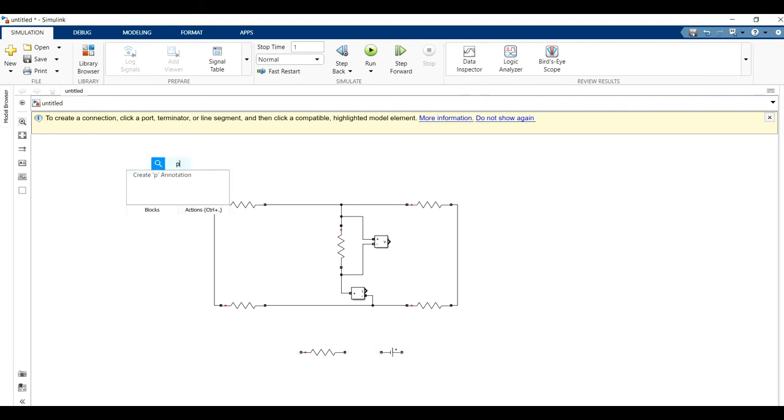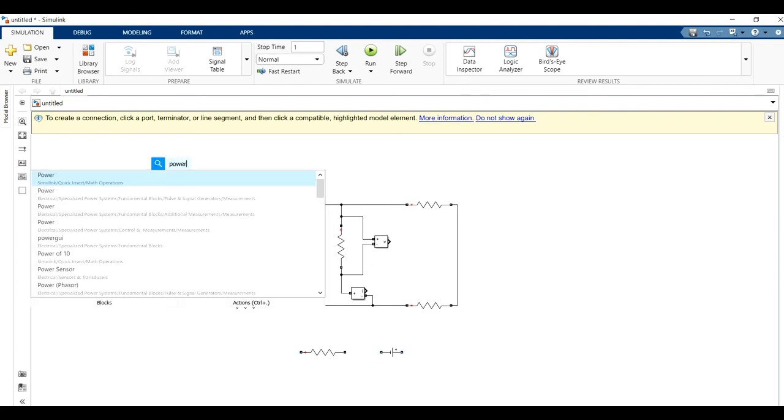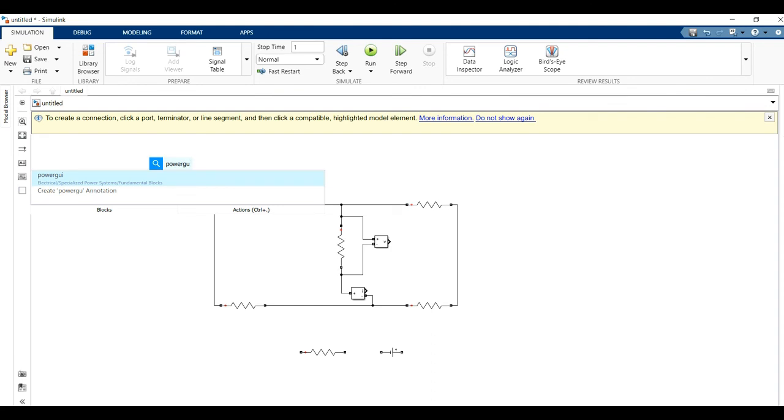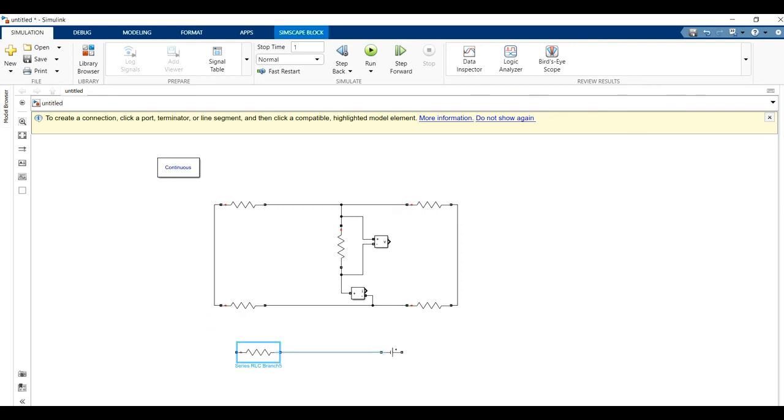Now connect the lines, and similarly connect the battery source. In order to measure the voltage and current, we need the powergui. Now connect the battery source to the Wheatstone bridge.